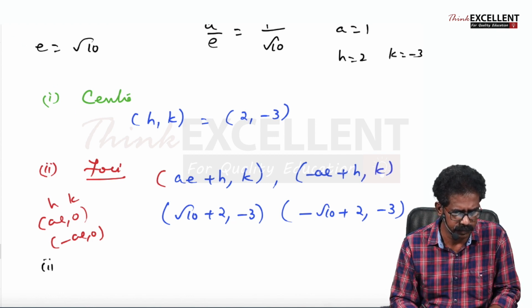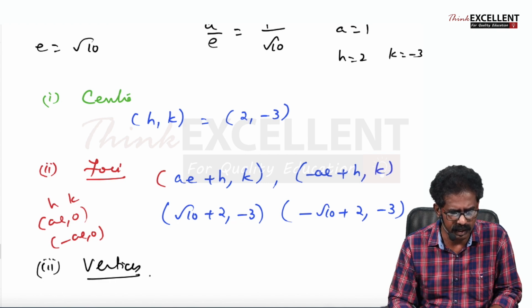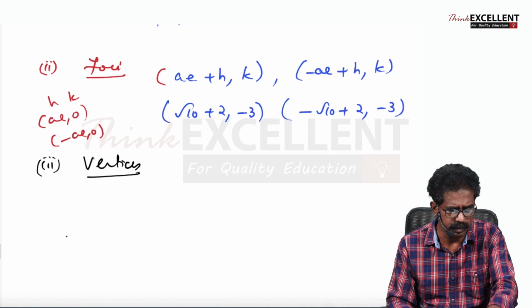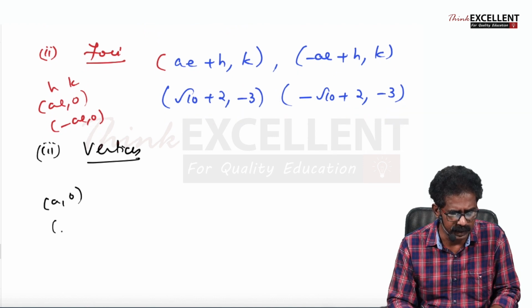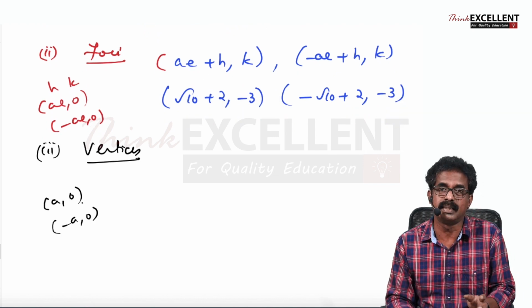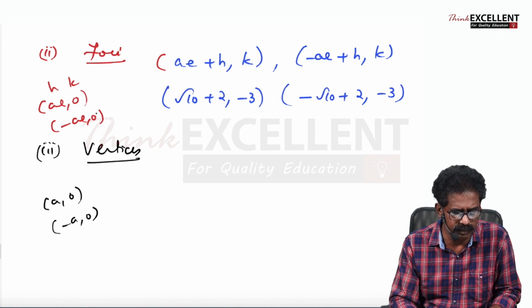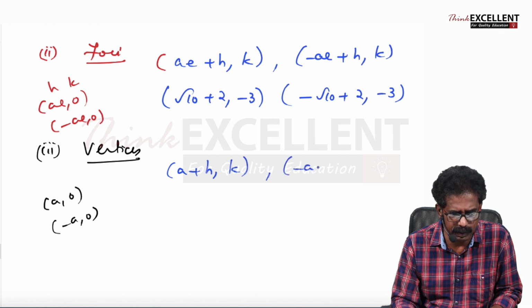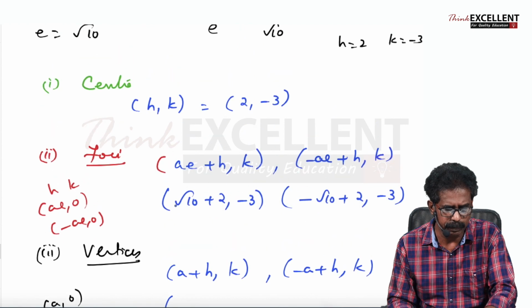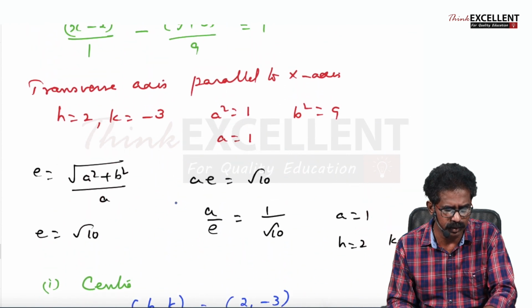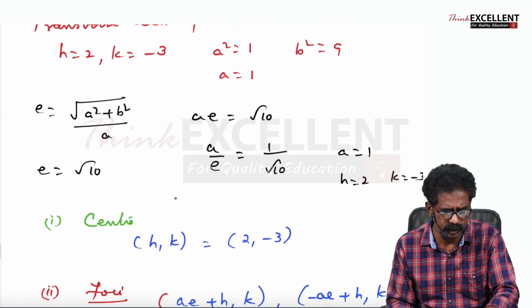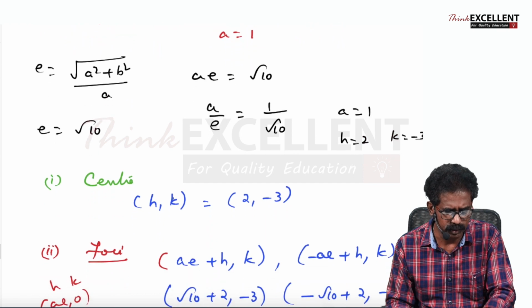Vertices. The actual formula is what? A comma 0 and minus A comma 0. But here add what? H and K. So you are getting the formula A plus H comma 0 plus K. Another one is minus A plus H comma K. So that is A plus H. A value 1, H value 2, right?